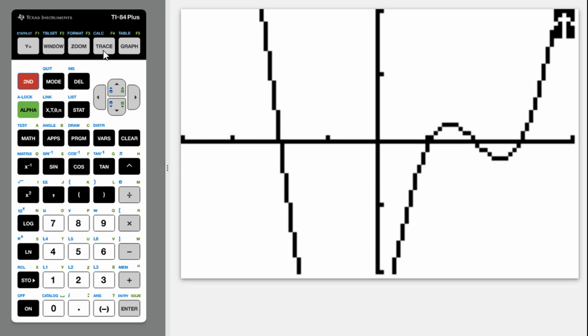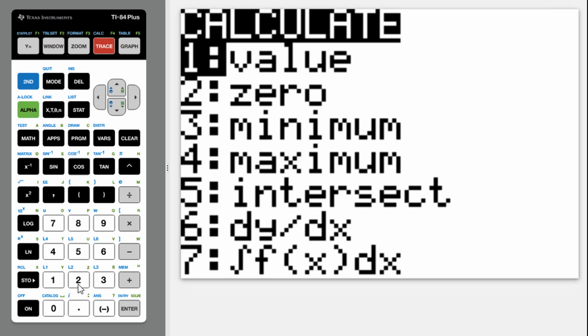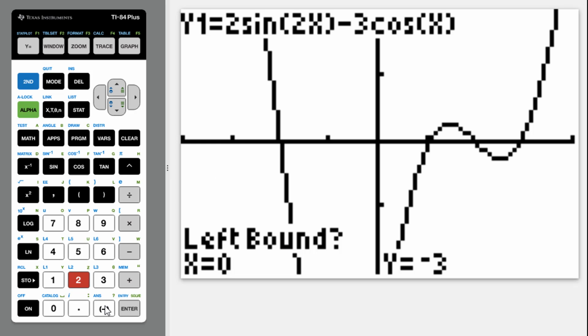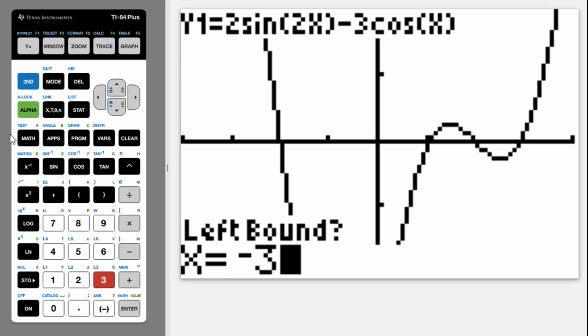Go to second trace 2. For this 0, we know the scale for the x-axis is pi over 4. So this is negative pi over 4. This is negative 3 pi over 4. Left bound, we will put negative 3 pi divided by 4.